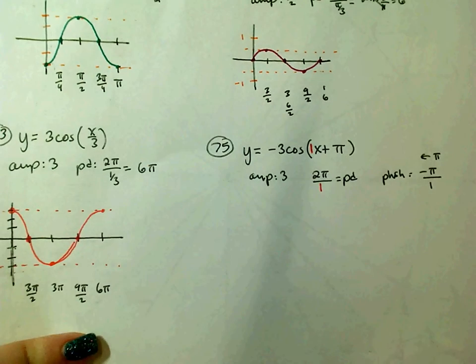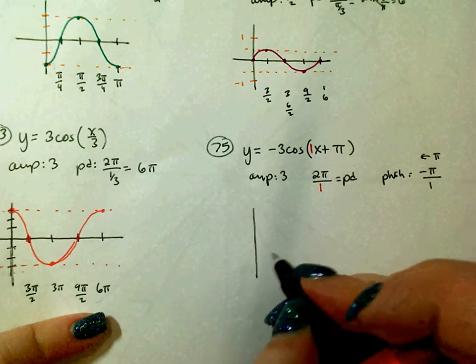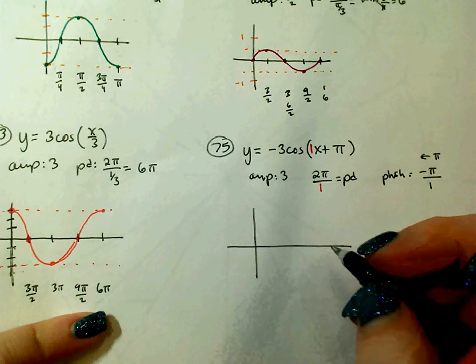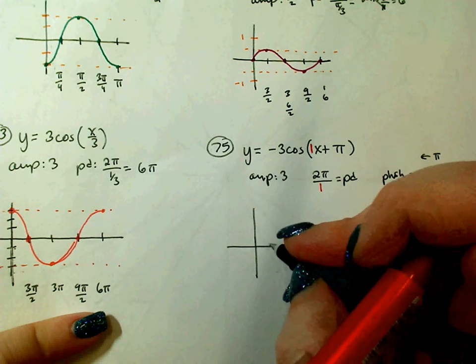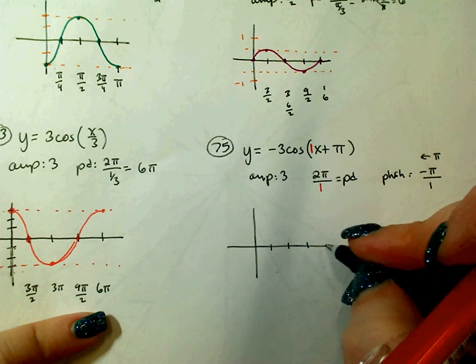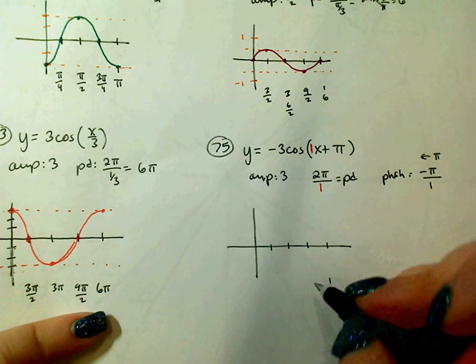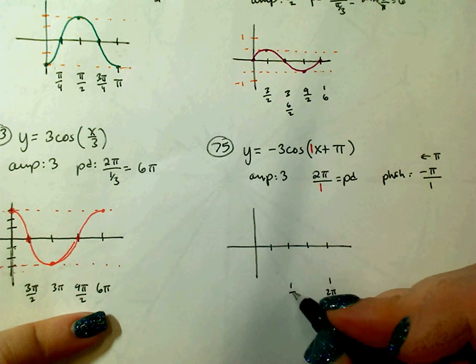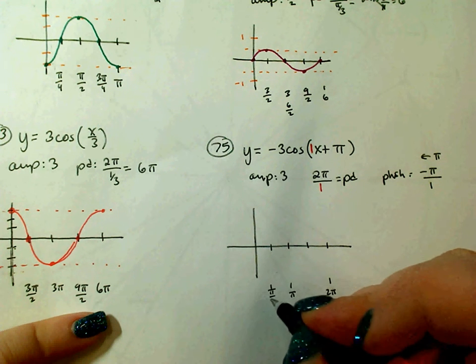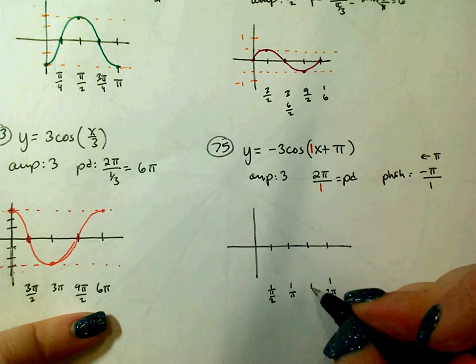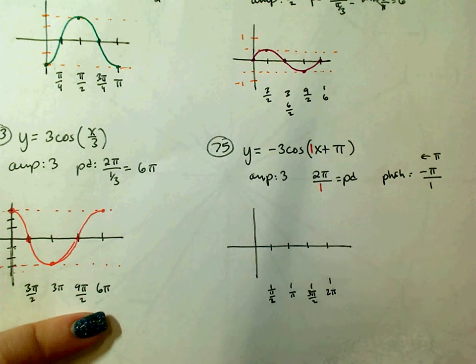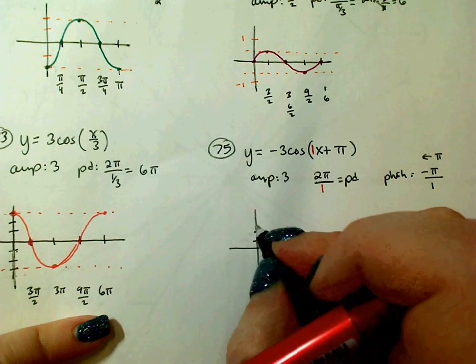So I've got a cosine wave. I've got just one period of it. So the period is 2 pi on my graph. 1, 2, 3, 4. That'd be 2 pi. I'll let this be pi. This be 1/2 pi, and 3/2 pi. 1, 2, 3, 1, 2, 3.